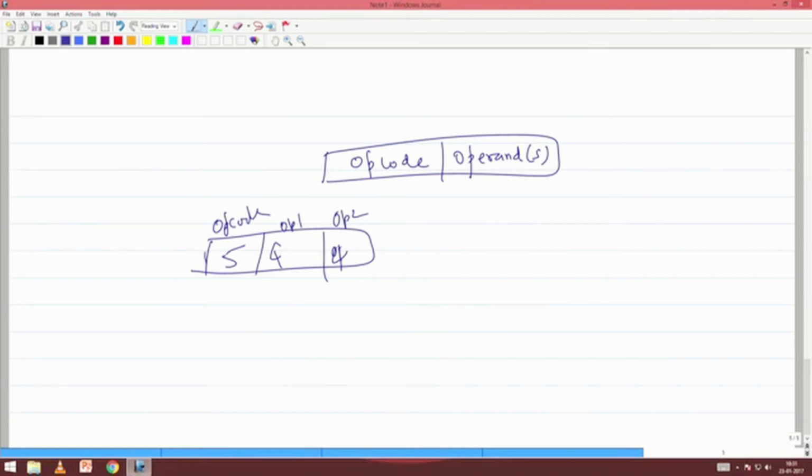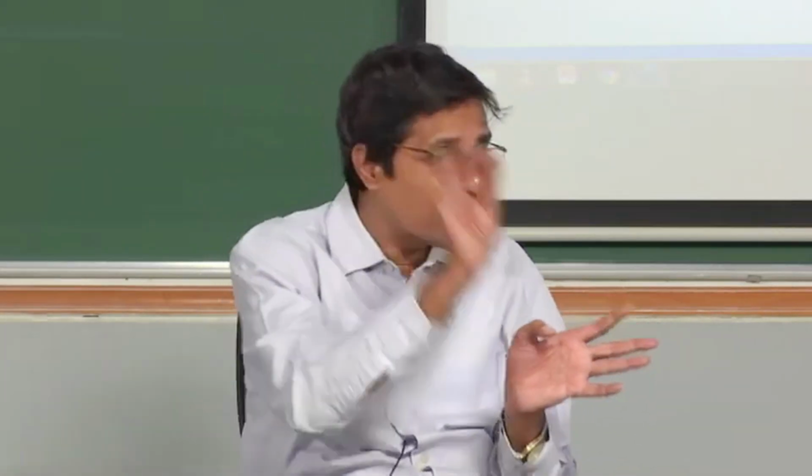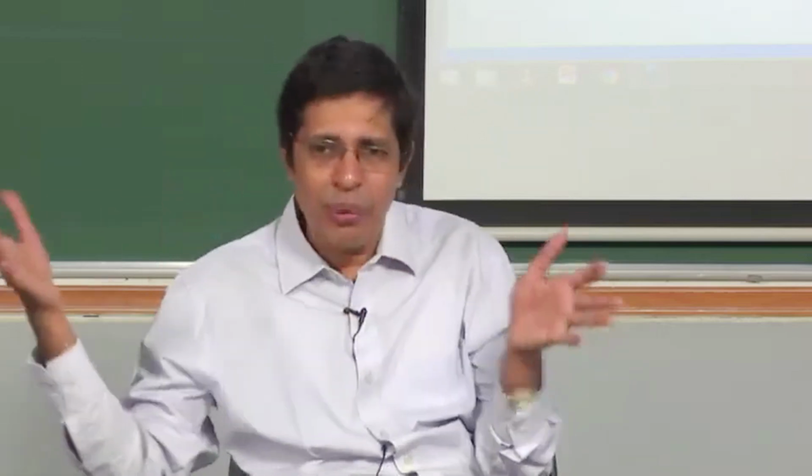If you carefully look at what you have done in Hack, that is what you have done. In an instruction of 32-bit length, we know exactly how to interpret it: where operand 1 is, where operand 2 is, which bits are going to specify the operands.